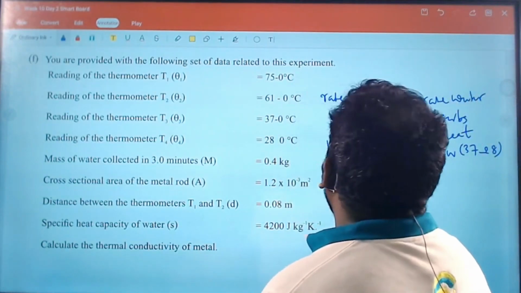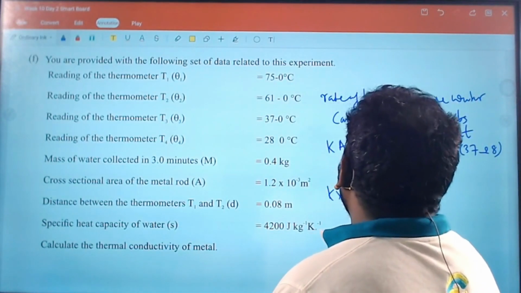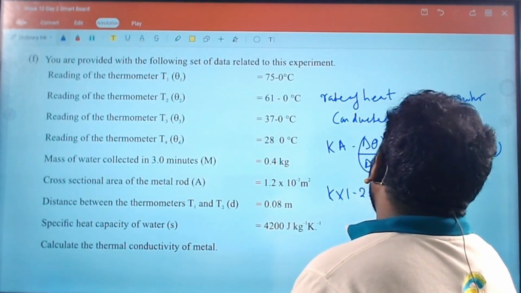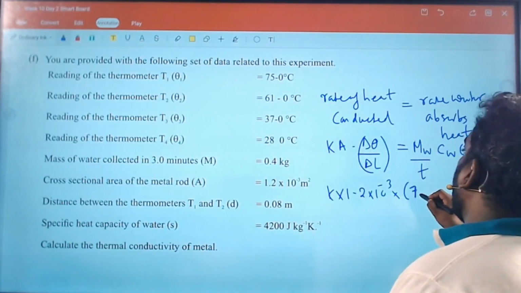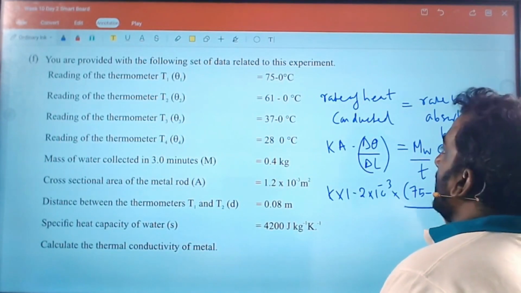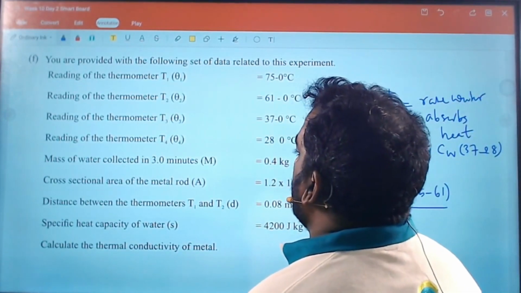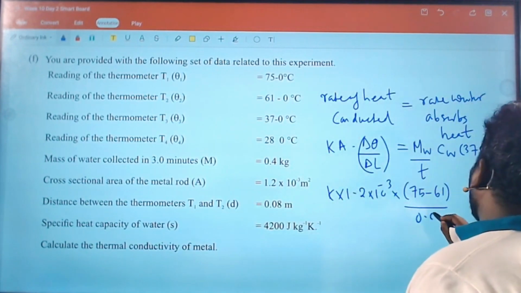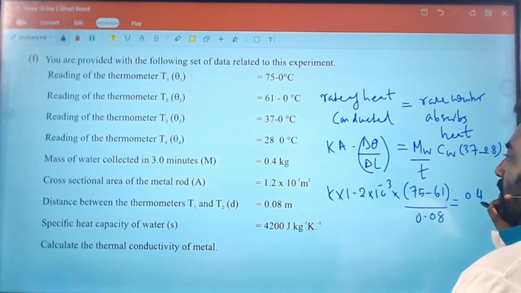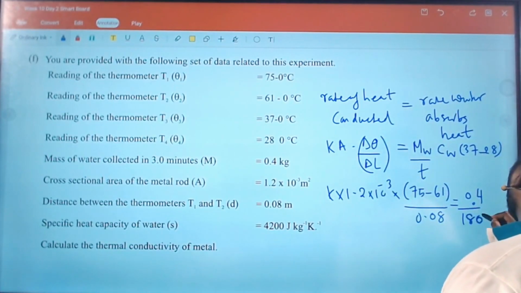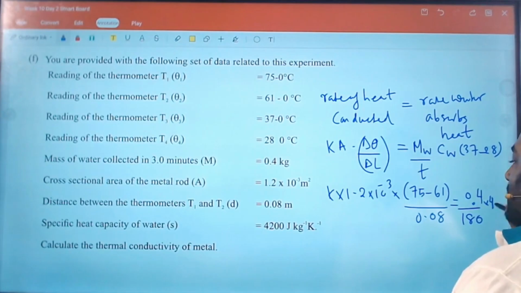Thermal conductivity we don't know. Cross-sectional area 1.2 times 10 to the power minus 3. Change in temperature 75 minus 61 divided by distance between them, 0.08. Mass of water 0.4, 3 minutes is 180 seconds. Specific heat 4200.